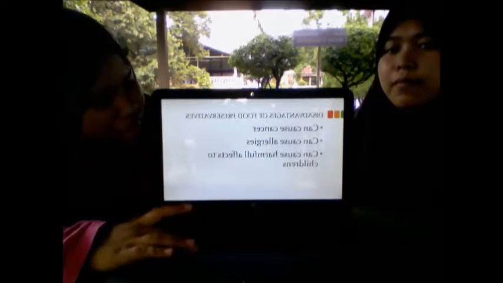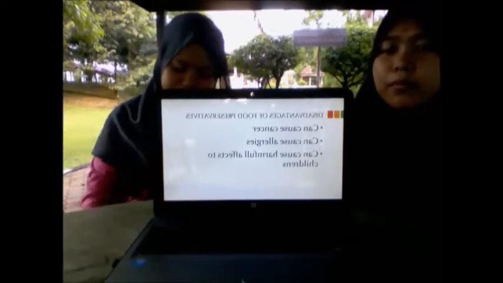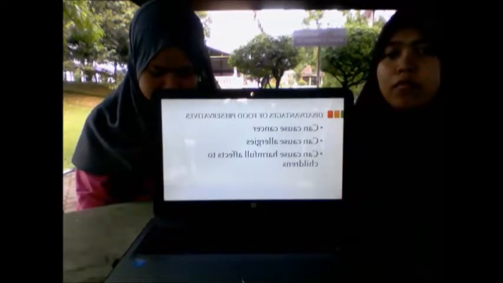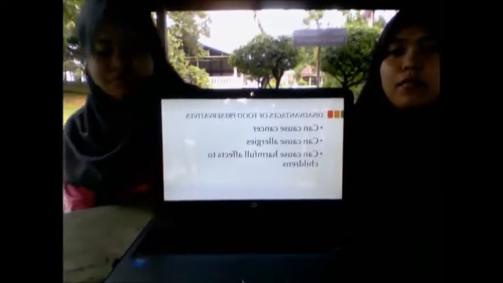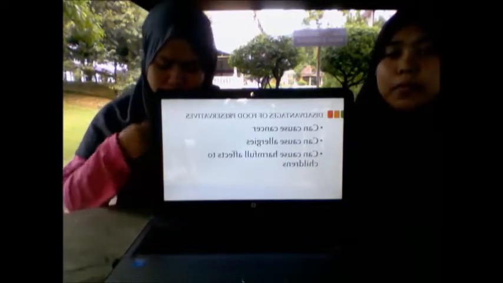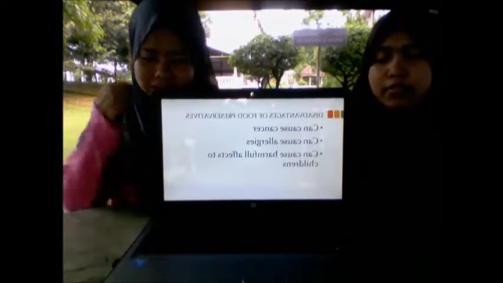So next, for the disadvantages of food preservative, first it can cause cancer. Food preservatives such as sodium nitrite or sodium nitrate can cause cancer.